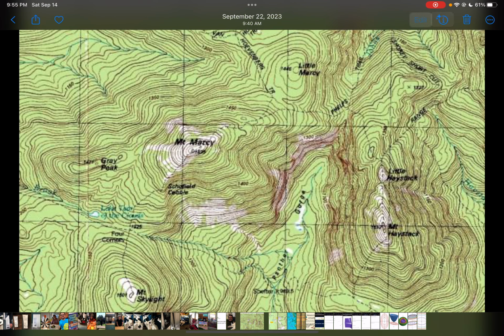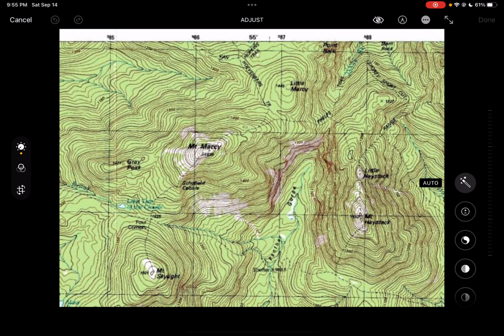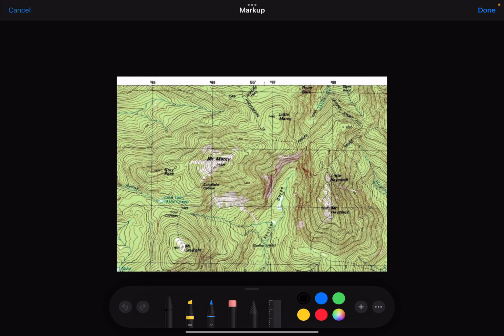So here we have a contour map. You can see some mountains on here. We've got Mount Marcy, it looks like, and Mount Haystack over here.